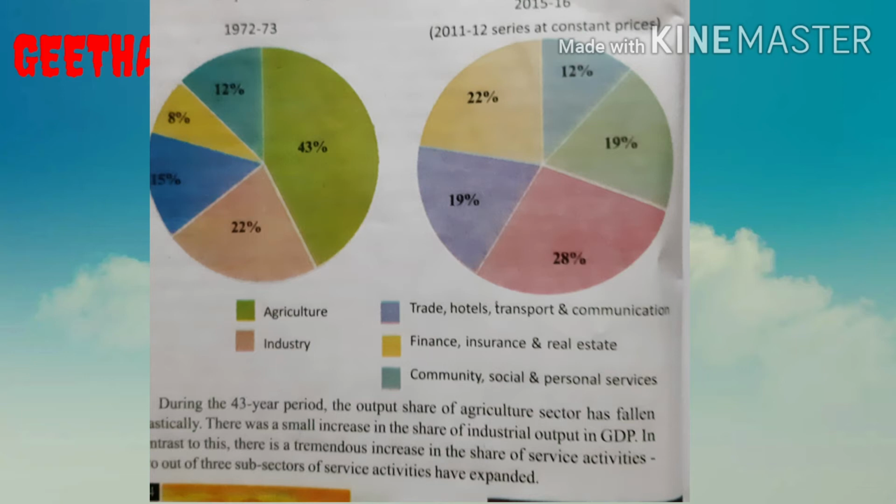One more you can see, community, social, personal service. Its contribution to GDP in 1972-73 was 12%. In 2015-16, there is no change in the contribution of community, social, personal service, the same 12%.